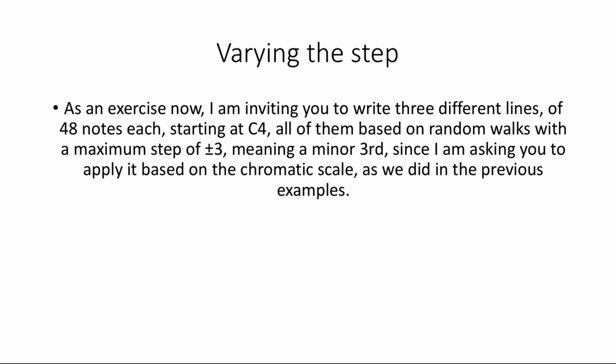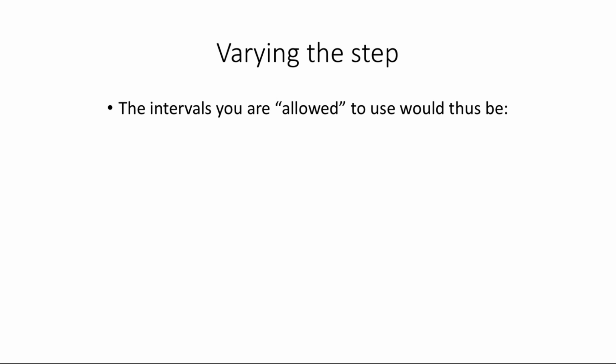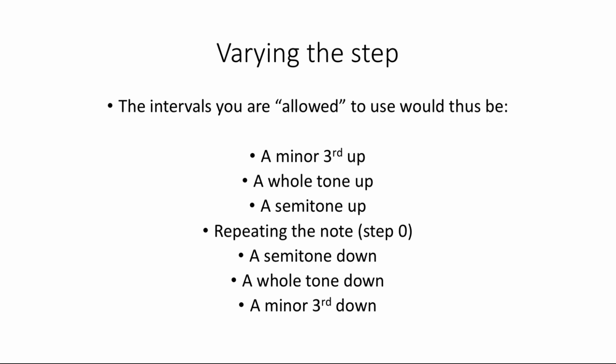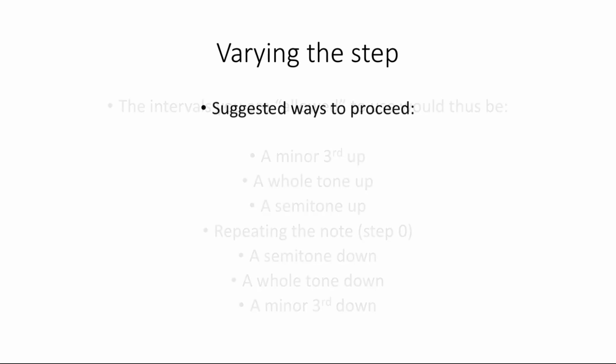Since I am asking you to apply it based on the chromatic scale, as we did in the previous examples, the intervals you are allowed to use would thus be a minor third up +3, a whole tone up +2, a semitone up +1, repeating the note, step 0, a semitone down -1, a whole tone down -2, and a minor third down -3.